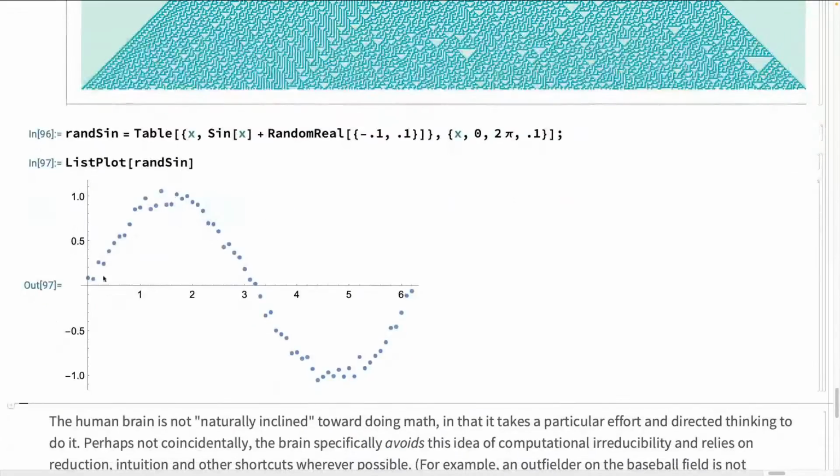So as a human, we can look at this, right? And we can say, oh, okay, this kind of looks like a sine curve, and it's got a little bit of noise on top. No problem, right?